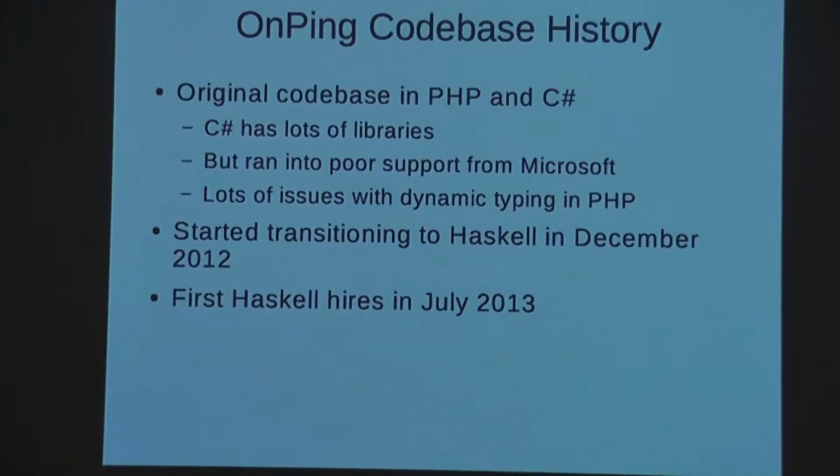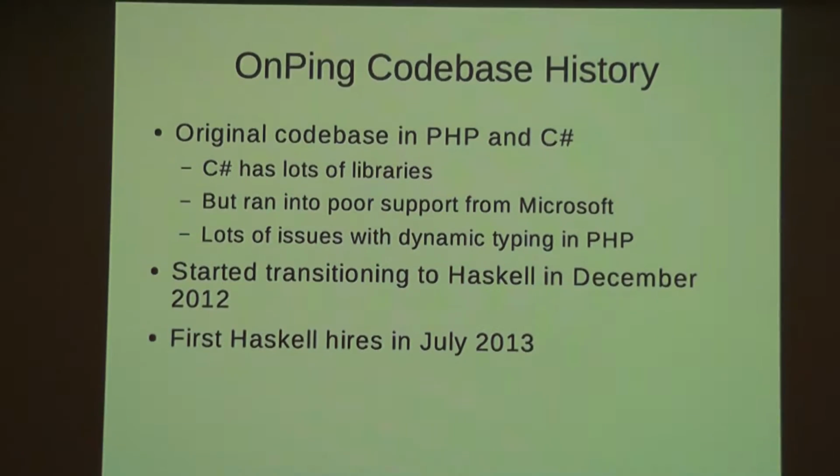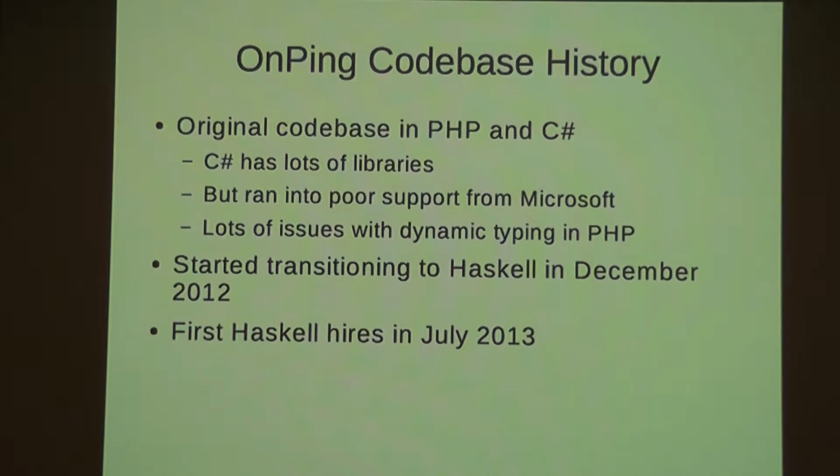So, a bit about the code base history. I want to get into why we decided to use Haskell. What's the motivation for using it? The company started maybe 5 or 6 years ago, and the original code base was written in PHP and C#. The advantage of C# is it has a lot of libraries, but we ran into a lot of support issues from Microsoft.